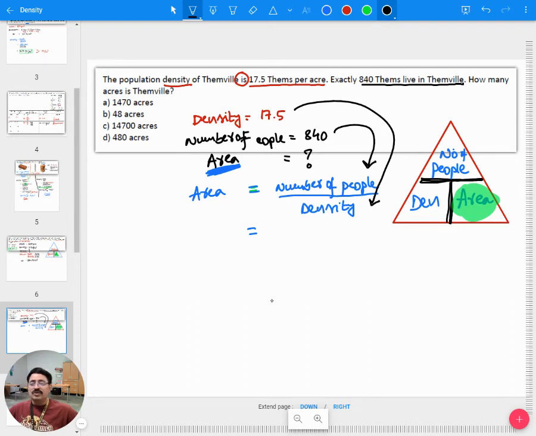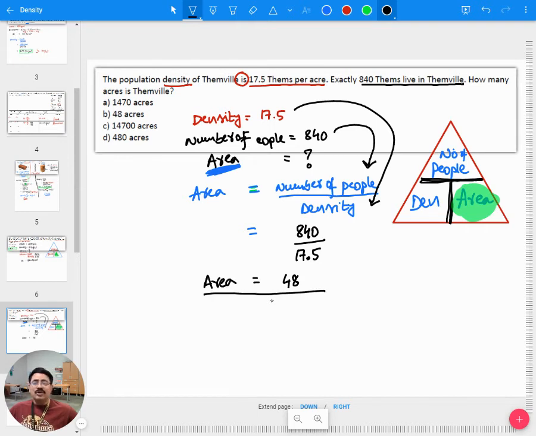Okay, so number of people is 840 divided by density, 17.5. Let me grab my calculator and compute 840 divided by 17.5. So it is 48. Now, you may have a doubt: is it 48 miles or 48 what?